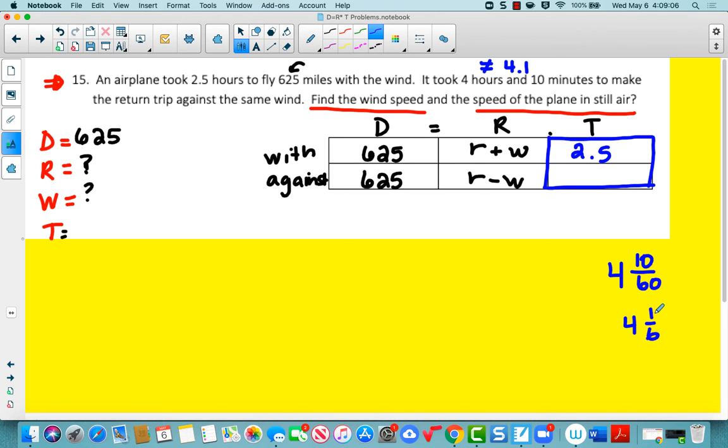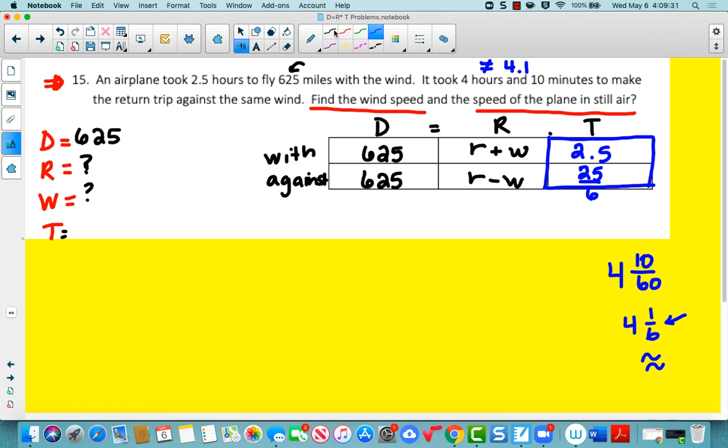If you put that into your calculator to get a decimal, you get an approximate answer, a repeating decimal. You can't put a repeating decimal into this problem, so you'd actually have to use a fraction. We would want to make our mixed number an improper fraction. So 6 times 4 plus 1 gives me 25 over 6.